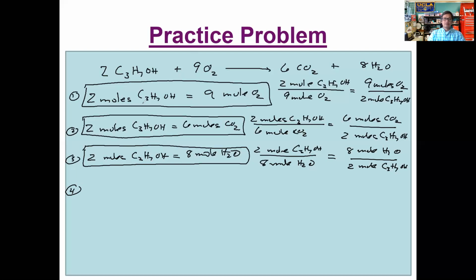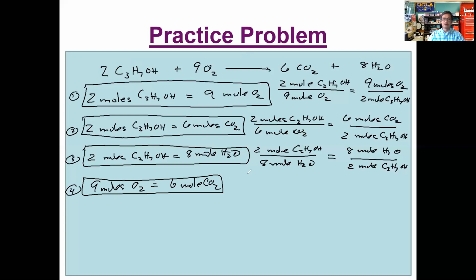Okay, all right. So 9 moles. Let's compare this to the products. So we have 9 moles of O2 and 6 moles of CO2. Again, what this is telling us is that if we have 9 moles of oxygen to start out with, and we have enough of the propanol, we will form 6 moles of carbon dioxide.